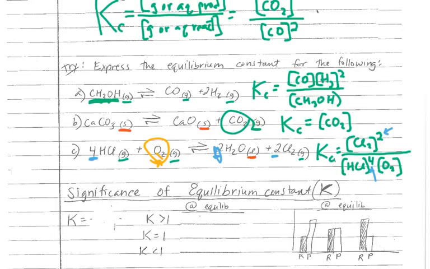We don't put that subscript as a power. It's only the coefficient in front that becomes an exponent in the equilibrium constant expression. So we know now how to write an equilibrium constant expression. Easy peasy. It's just concentration of products over concentration of reactants. If there's a coefficient, you make that the exponent.